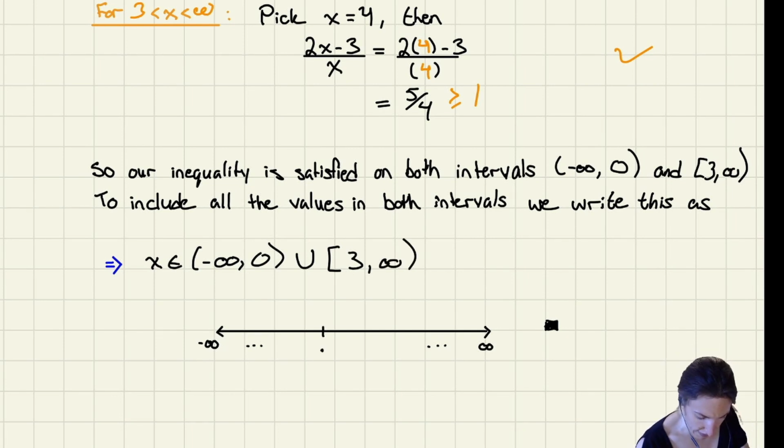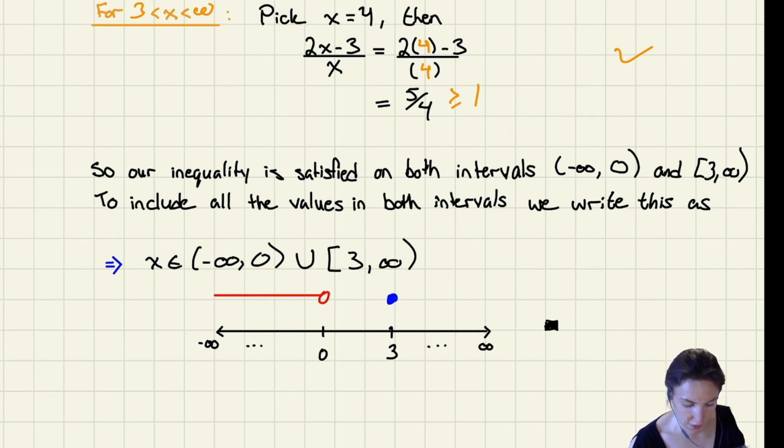So for my number line, I have 0 here, I have 3 here, and I'm including 3. I am not including 0 because it was irrational. And then I'm going to draw a line between negative infinity and 0, not including 0, was good, and 3 to infinity, including 3, was good.